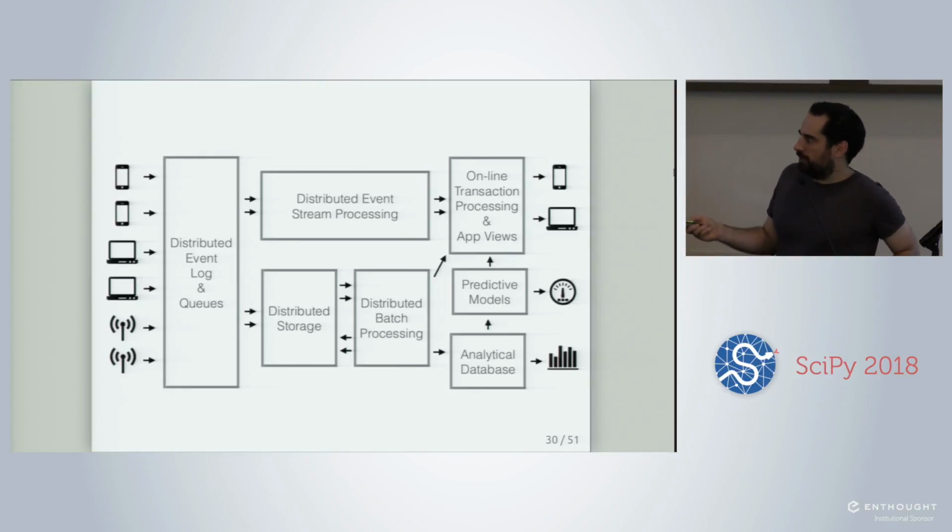But in all those cases, each of those client components will emit a stream of events that you can collect in a distributed event log with queues. That will make sure that you record all the events for the users, even if one of the machines here dies, there is some kind of redundancy. And it makes that stream of events categorized and available to different kinds of services in your application.